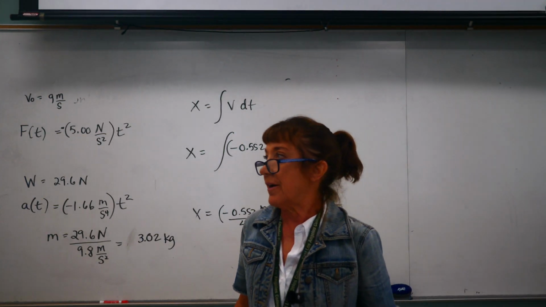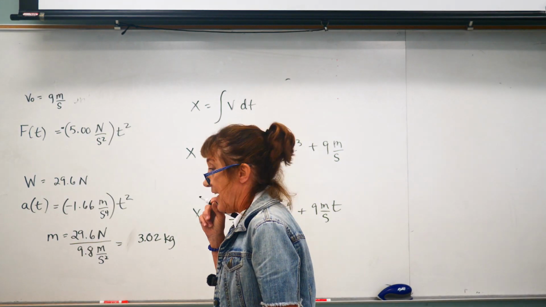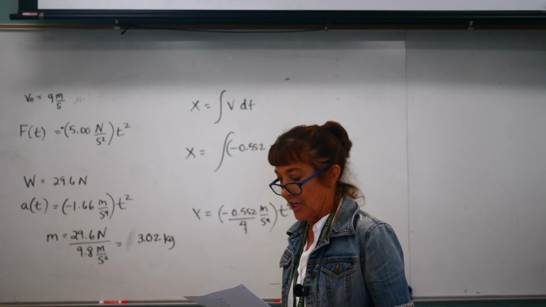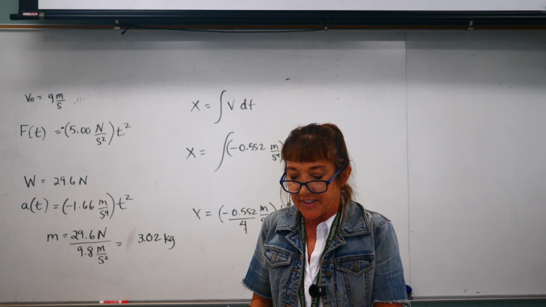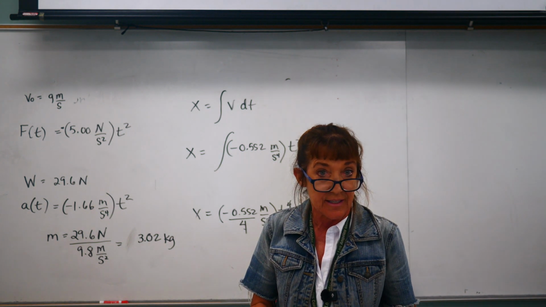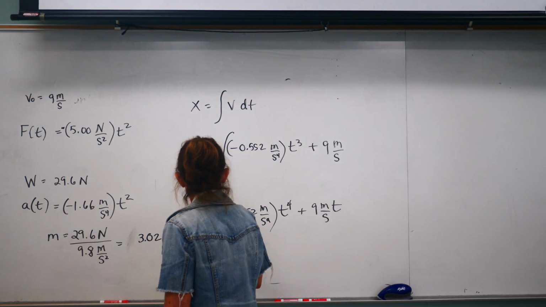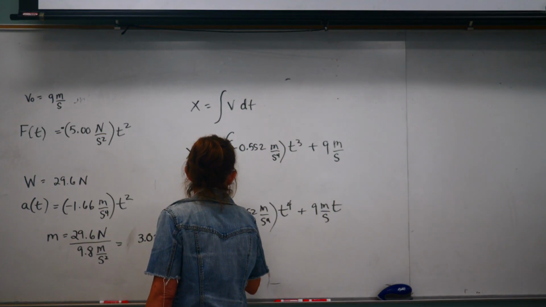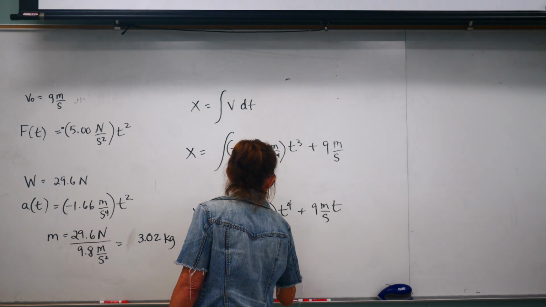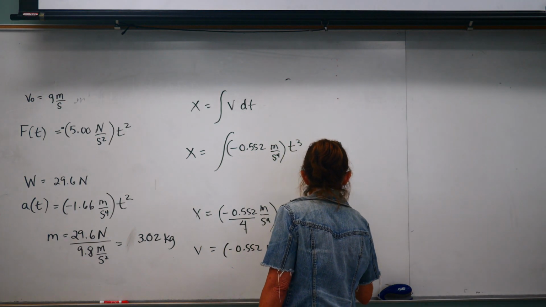So, oh, wow. Okay. Here's the thing. Now I forgot to do the one step. I hope I didn't. That's the velocity function. Okay, how far does the box move from its position at t equals 0 before coming to rest? So now I have my velocity function here: negative 0.552 meters per second to the fourth times t cubed plus 9 meters per second.